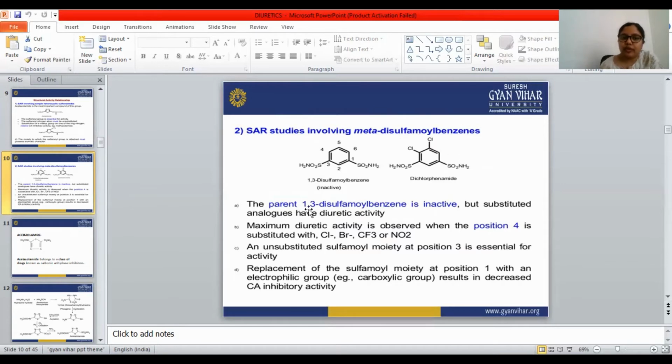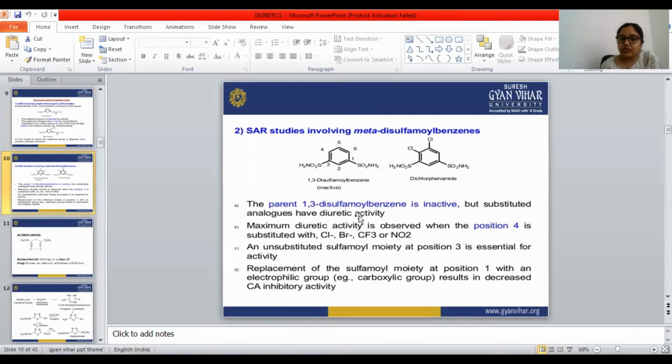The parent 1,3-disulfamyl benzene is inactive.